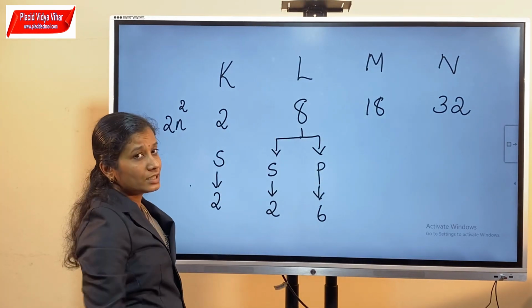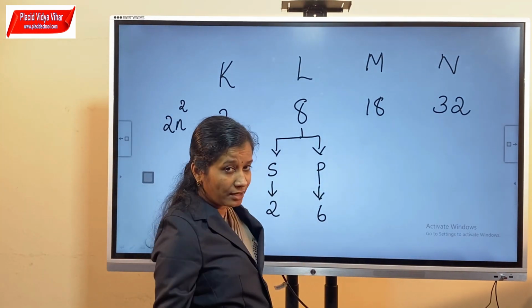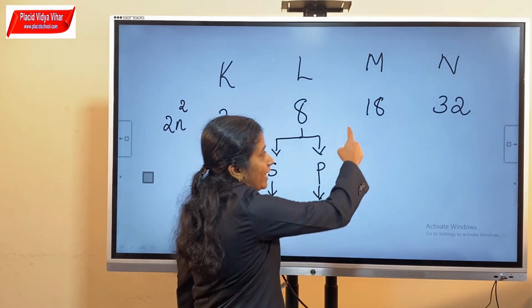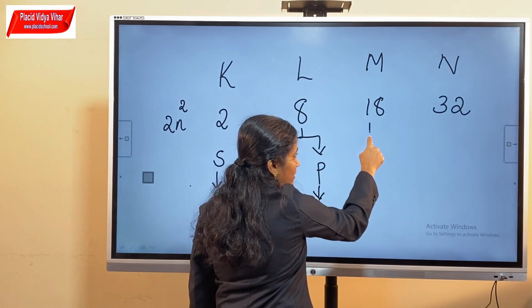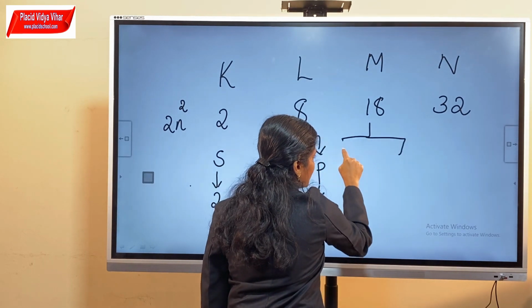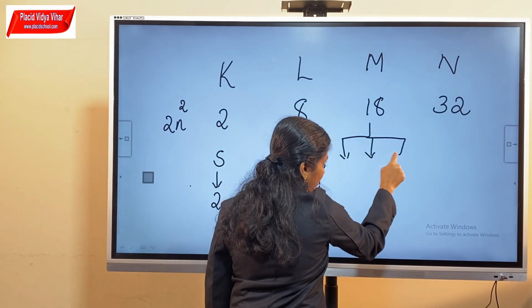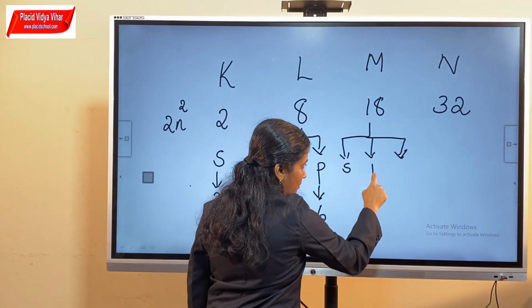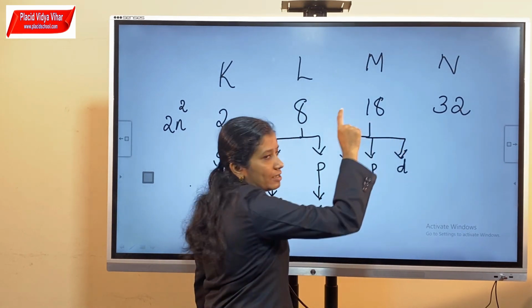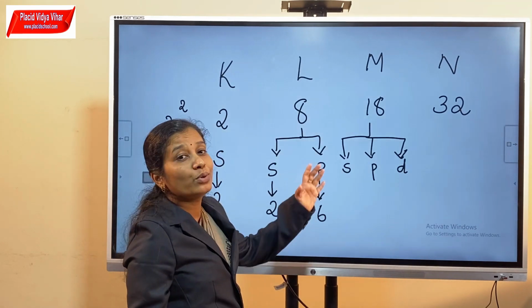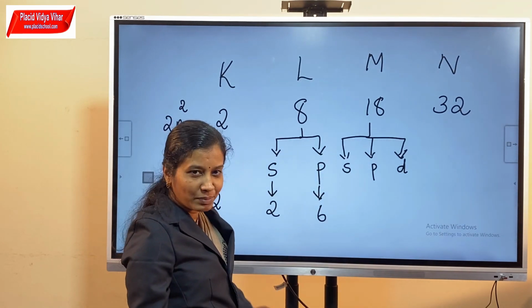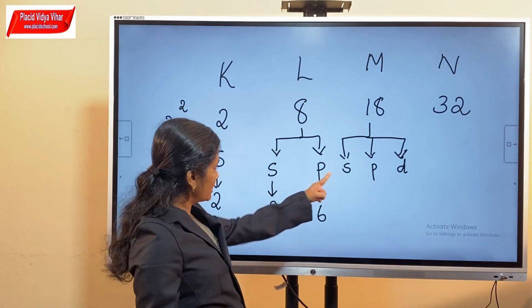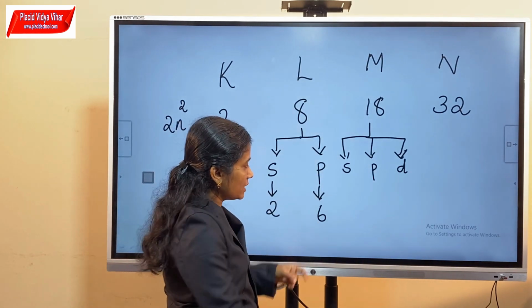Then we move to the third shell, and what is that? M shell. Maximum number of electrons is 18. And how many subshells are there? There are 3 subshells. And what are the names of these 3 subshells? They are S, P and D. Now you know the maximum number of electrons in S and P subshell: in S subshell 2, P subshell 6.